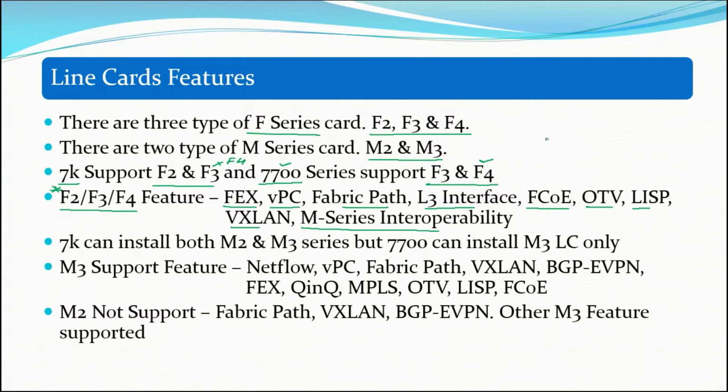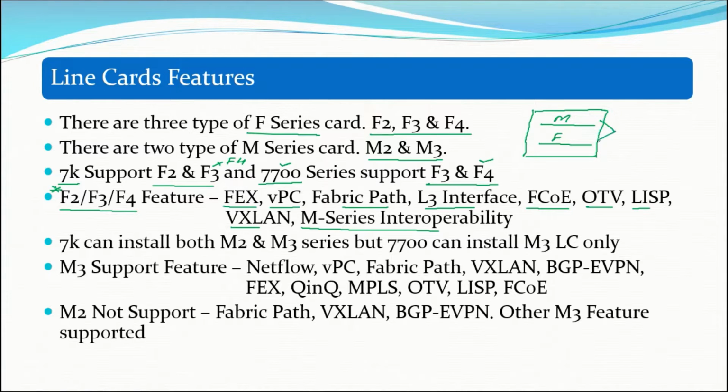It means that if we have one of the chassis, for example this one, a 7000 series, and it has one M series line card and one F series line card, then these two line cards cannot work together.